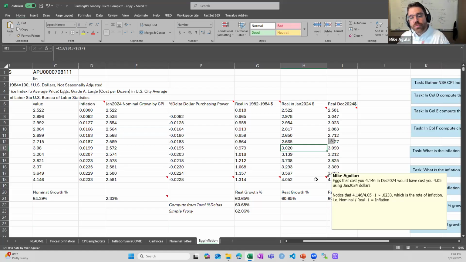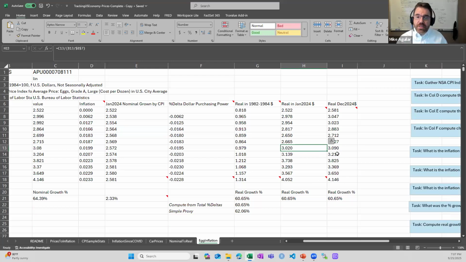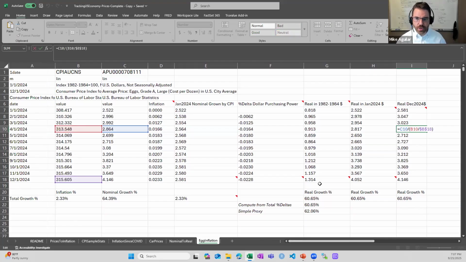And why is that? Because the dollar weakened through time. If you go back in time, the dollars that you had, you can imagine, again, that piece of paper was actually bigger, stronger. So I needed fewer of them to buy the same thing. 4.052 versus 4.146. There's another way you could index as well. Let me index to December 2024. Okay, I'm going to scooch so you can see.